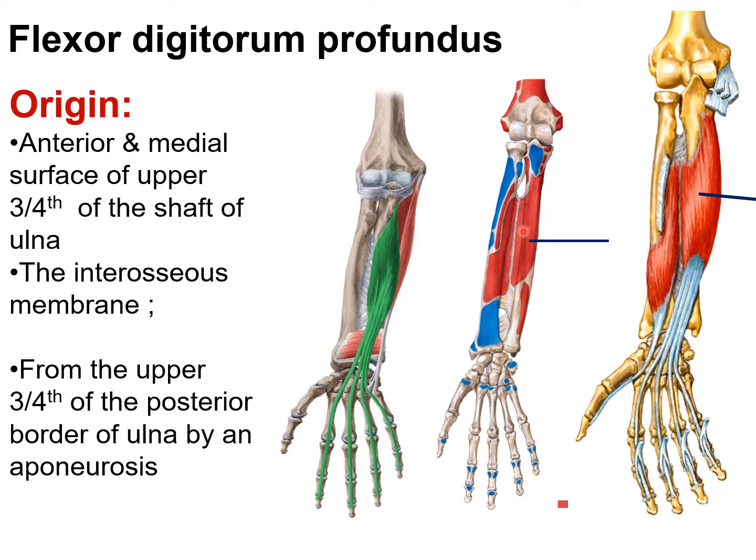It arises from the adjoining interosseous membrane and, as said previously, from the upper three-quarters of the posterior border of the ulna by an aponeurosis in common with the flexor carpi ulnaris and the extensor carpi ulnaris. So this is the flexor digitorum profundus, which takes its origin majorly from the shaft of the ulna.